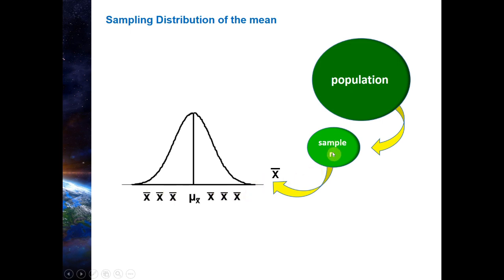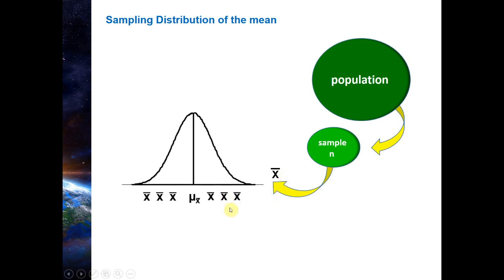How many are you going to calculate? Well, it depends how many samples you need to take. How many samples do you need to take? Well, you have to exhaustively sample. So you're going to keep going back to the population, taking a sample, calculating x bar, and plotting it. Okay, go back to the population, get another sample, calculate another x bar, and plot it.